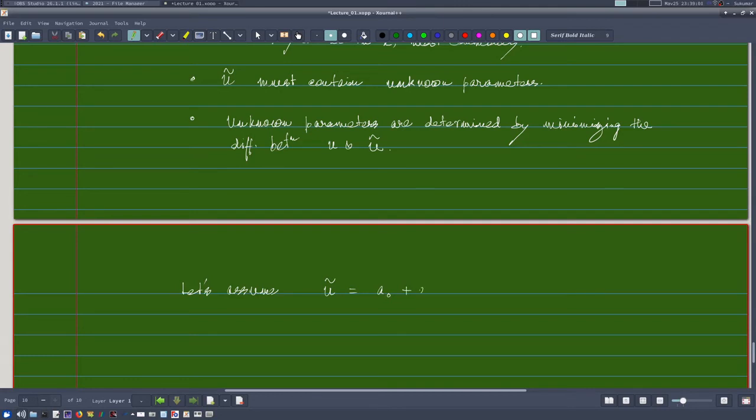It must be a complete polynomial, A1x. We'll discuss why it is so, why we need a complete polynomial, say A2x square, and like that up to x to the power n.